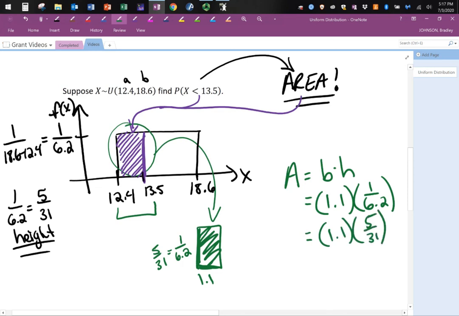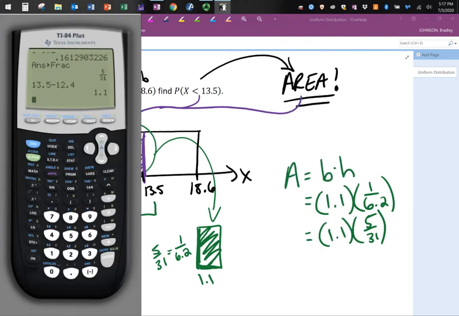Okay, or you could do 1.1 times 5 out of 31. I will show both ways here so that you can see it would give the same answer. So 1.1 times 1 out of 6.2 is the same as 1.1 multiplied by 5 out of 31. You'll see that it gives you the same value, right? It doesn't matter which one you pick, but this is not a nice terminating decimal.